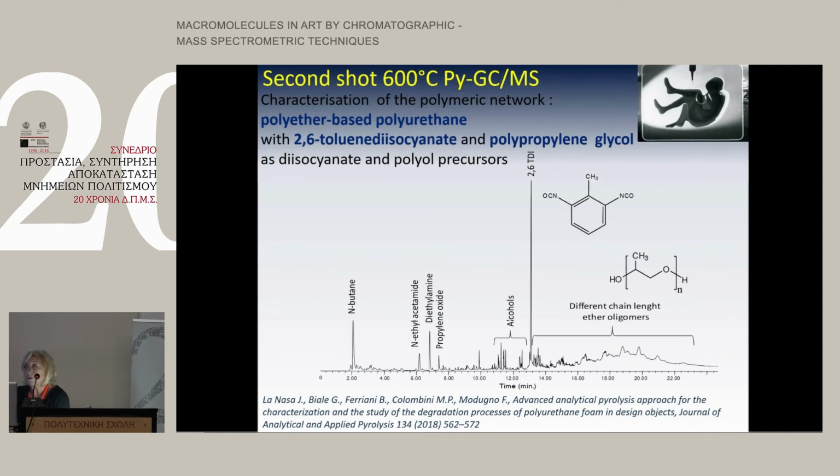So this means that you lose something in the foam, you lose the gluing activity of the foam itself. And if you look at the other part of the thermogram, if the pyrolysis temperature is 600 degrees, you find exactly all the monomers, the diisocyanate and polyol precursors, which have been used to polymerize the foam itself.